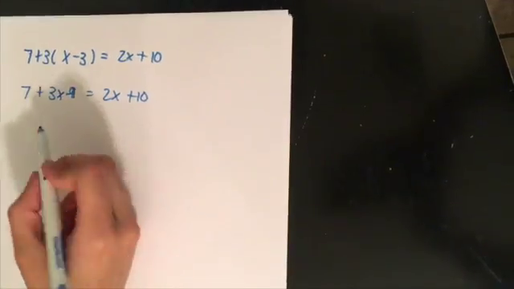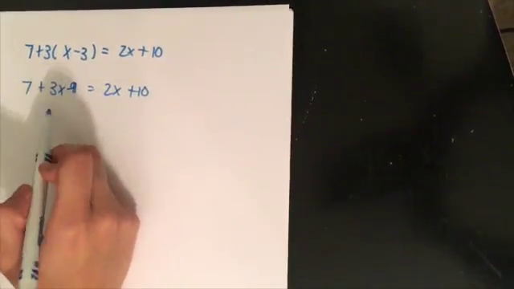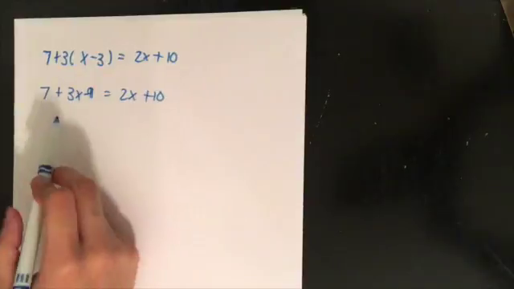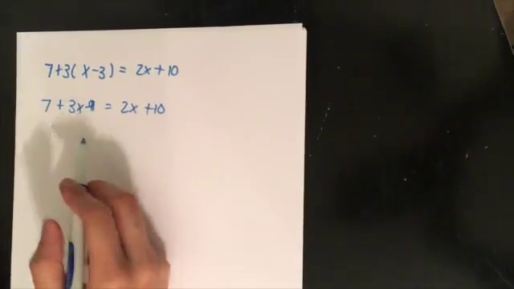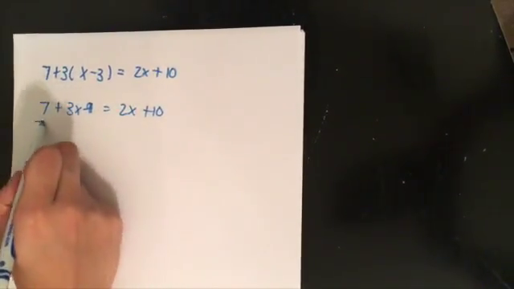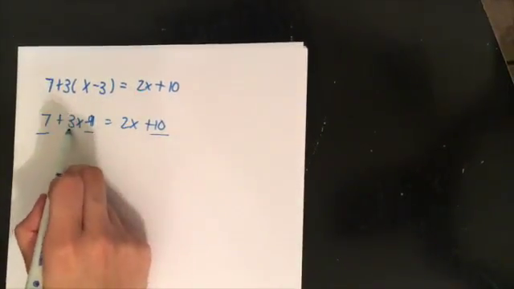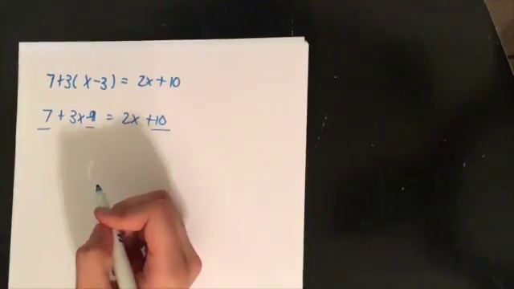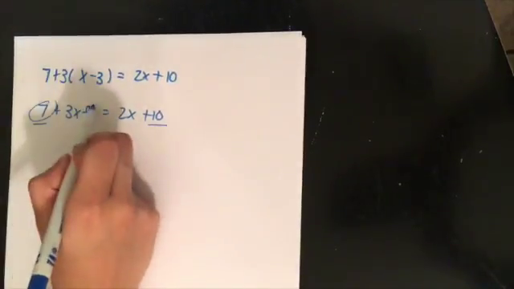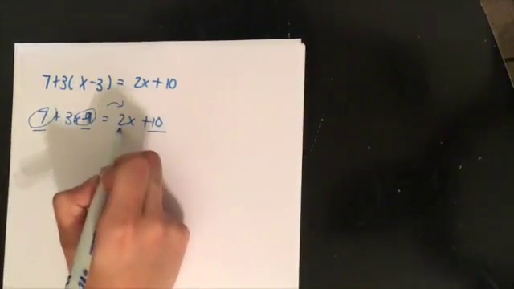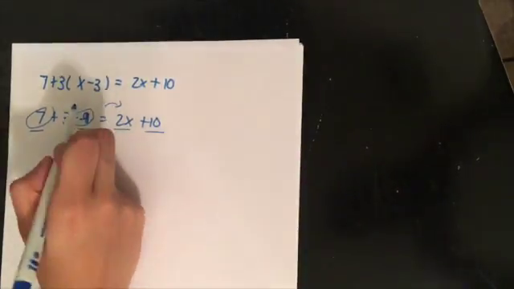The first step is you want to have all the same variables on each side. So you want to have the constants, which are 7, negative 9, and 10 on one side, and you want to have 2x and 3x on the other side. So we're going to send these two terms to this side and this term to this side.